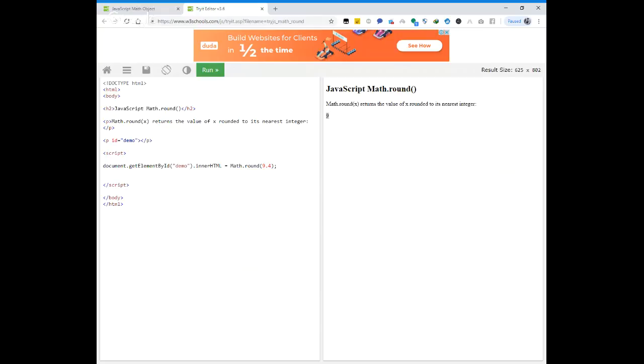Then I will tell you how to get the output on the screen. As you can see, there's a heading, which is this, and there's a paragraph line, which is this, the p tag. And there's also a p tag, which is this. But you can see we have assigned an ID to this paragraph.